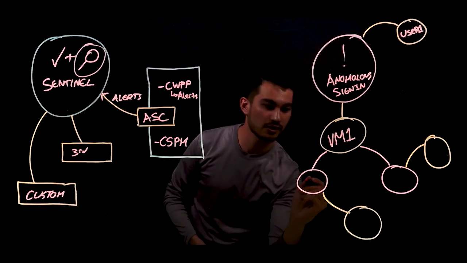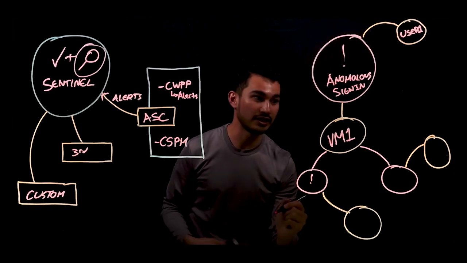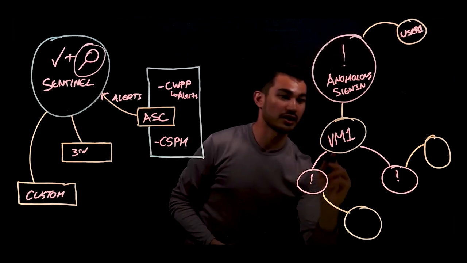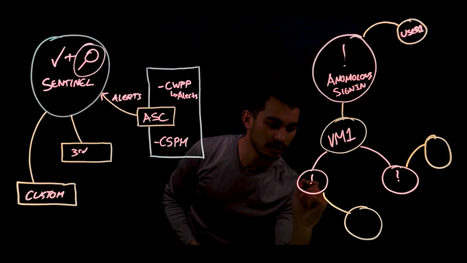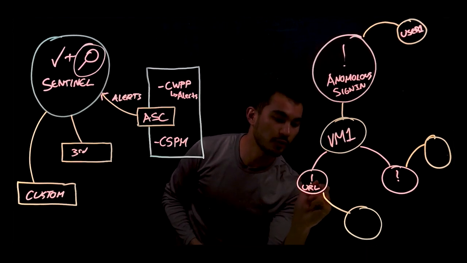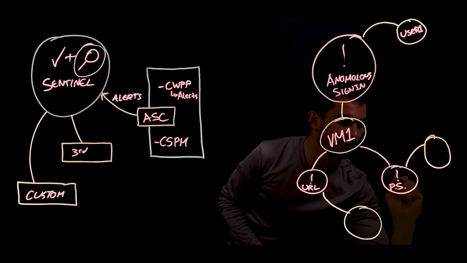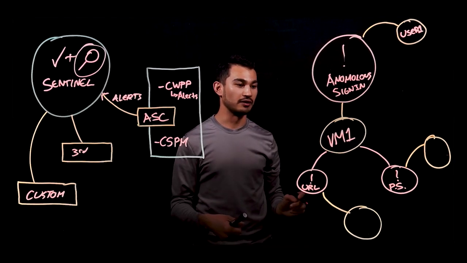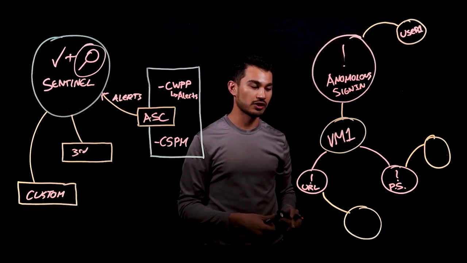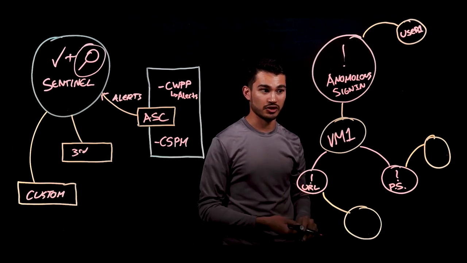We could expand this to see other related alerts that were recognized off of the virtual machine, such as a malicious URL that was accessed, or a PowerShell command line that was recognized and used that is suspected to be malicious.